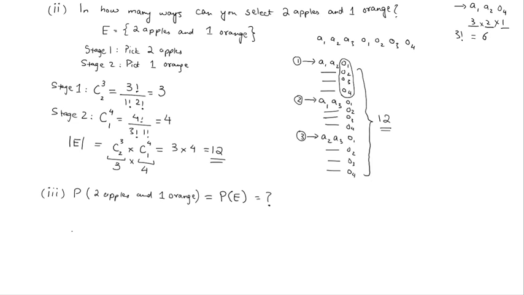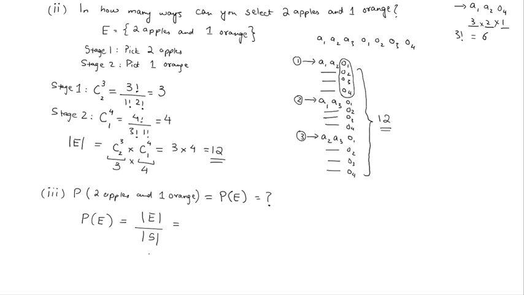And so the probability of event E should be equal to the size of event E divided by the size of the sample space.